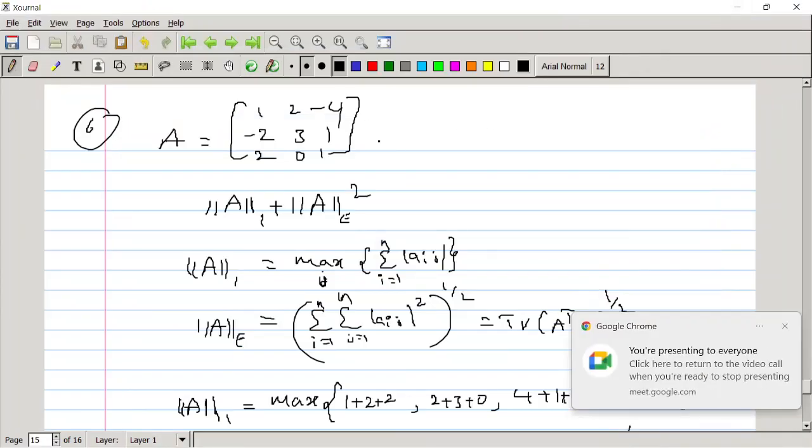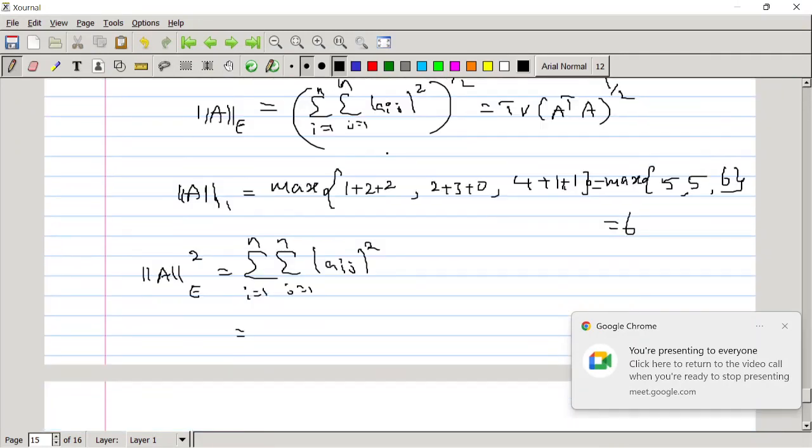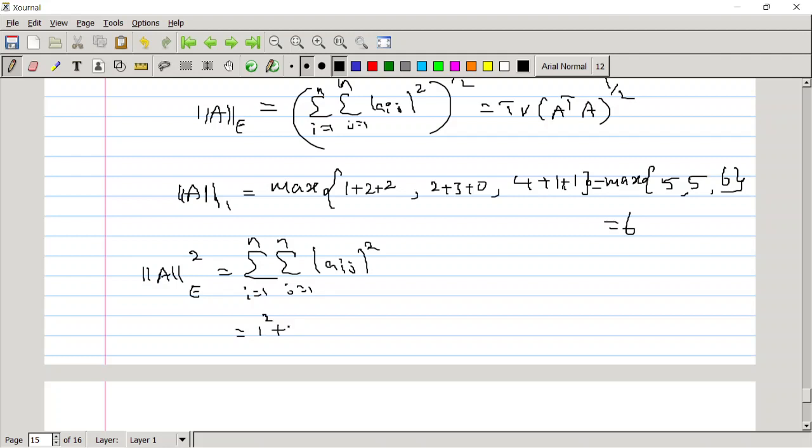So from that we get 1 square, 2 square, 4 square. So 1 square plus 2 square plus 4 square plus 2 square plus 3 square plus 1 square plus 2 square plus 0 square plus 1 square.